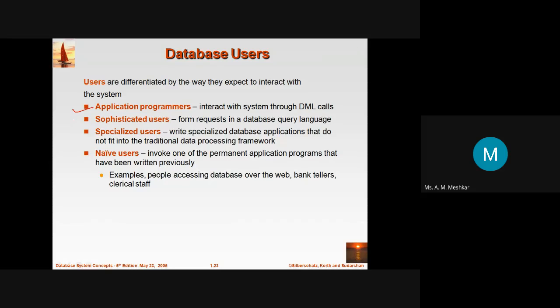Then come the sophisticated users. They design the queries which will work over the database and give the output. So they design the query tools and queries, and they work with the query tools. Specialized users are basically sophisticated users, but they deal with very high-level and very complicated programming.